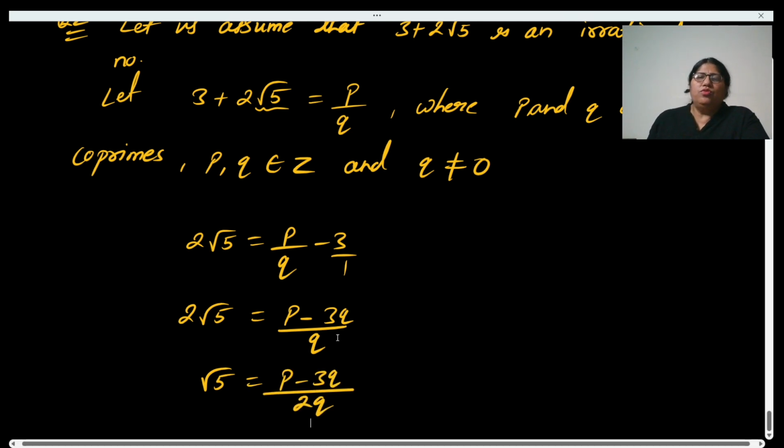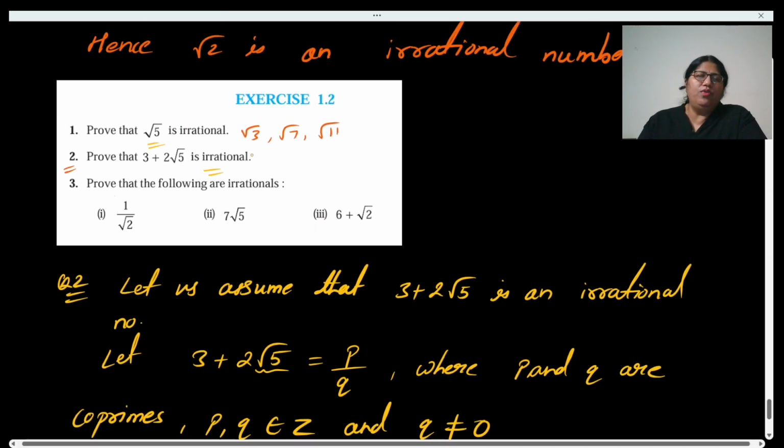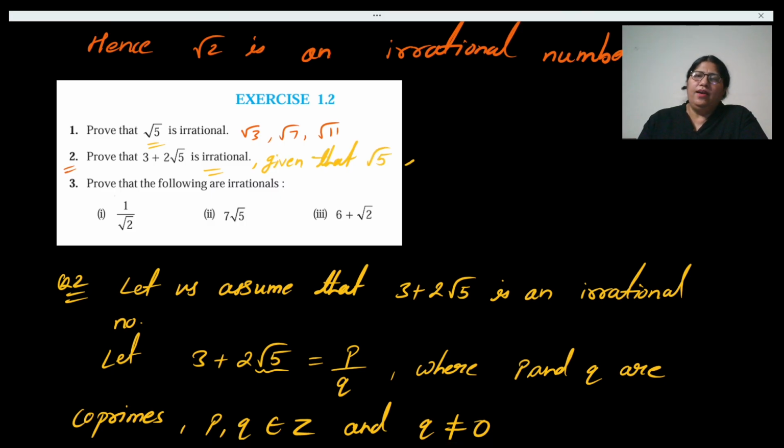Now in this kind of question, generally they give, because here you have proved that root 5 is irrational, that's why it's not given. Otherwise they'll give you: given that root 5 is an irrational number. They always give this so that you can use it. Now how are we going to use it?